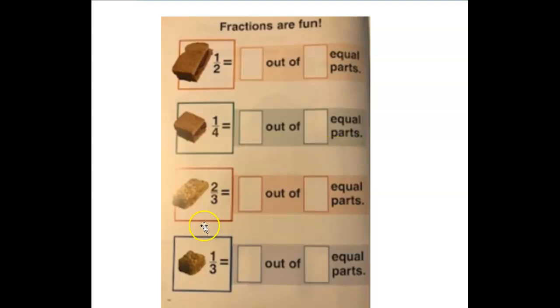When they first split the granola bar, 2 kids actually had 2 out of 3 parts. So 2 out of 3 equal parts.